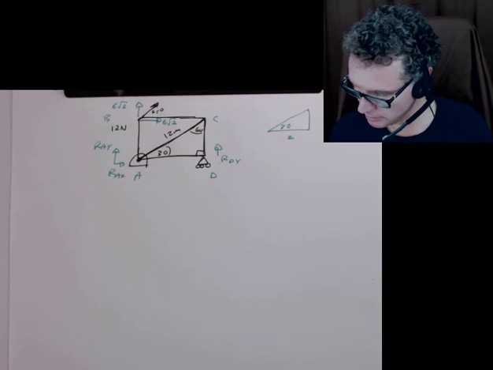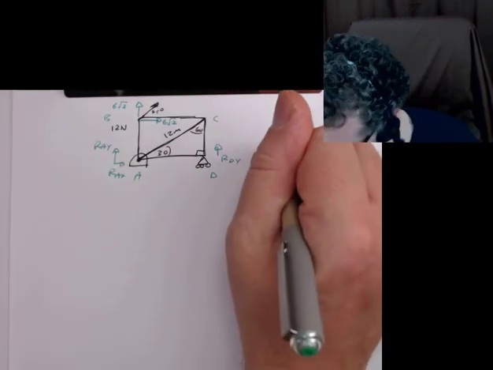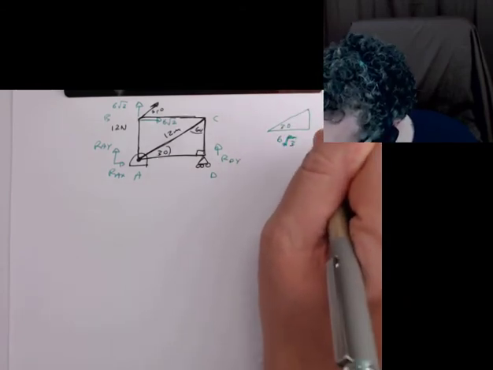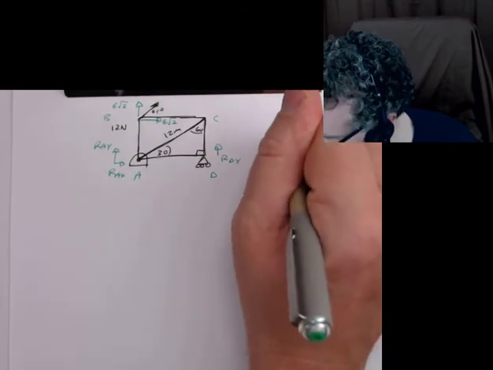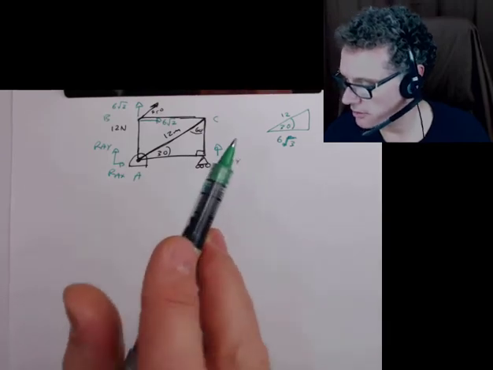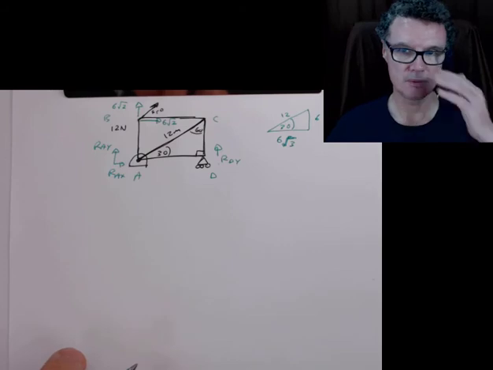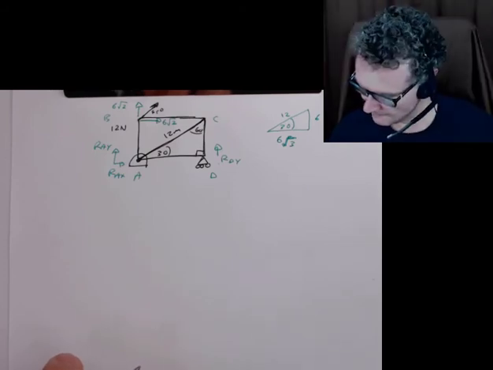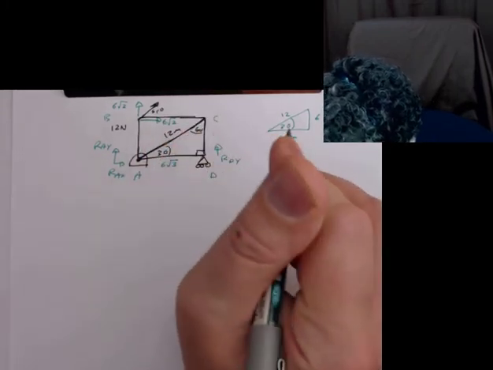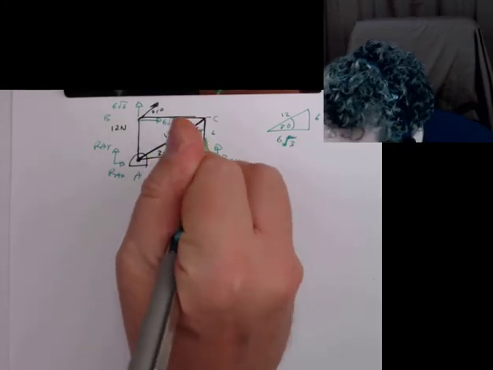So 12 cos 30 is going to give me the 6 root 3 along that side. Here we're going to get 6. So this distance here is 6 root 3, and this distance here, going from there to there, is 6.